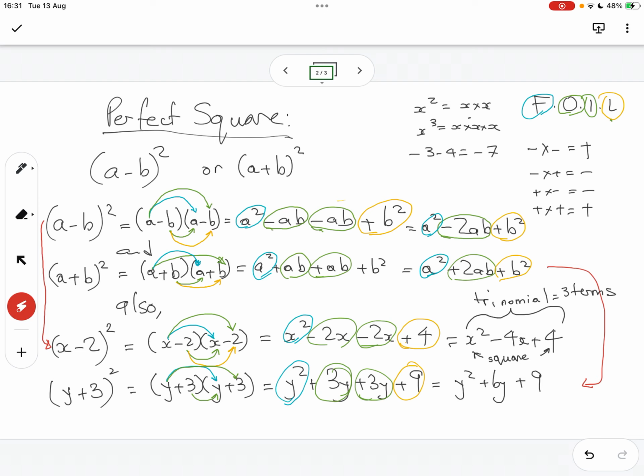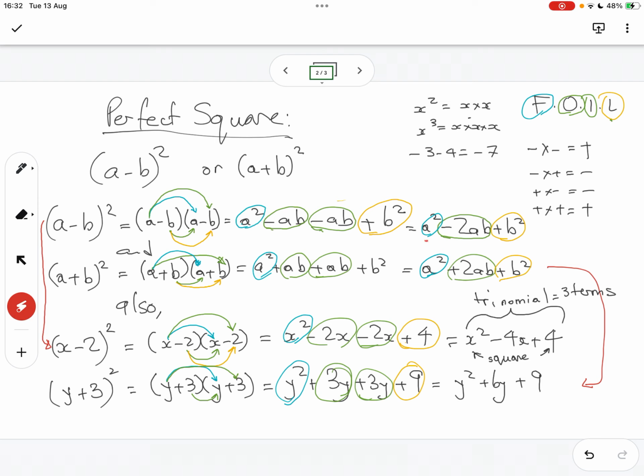Okay, so what that means is, let me just go back here. When you have a perfect square, the best way to expand it or write it out in full is, if I have a minus b all squared, then I square the first term, I square the second term and put it at the end, and in the middle I multiply these two and then multiply them by 2.